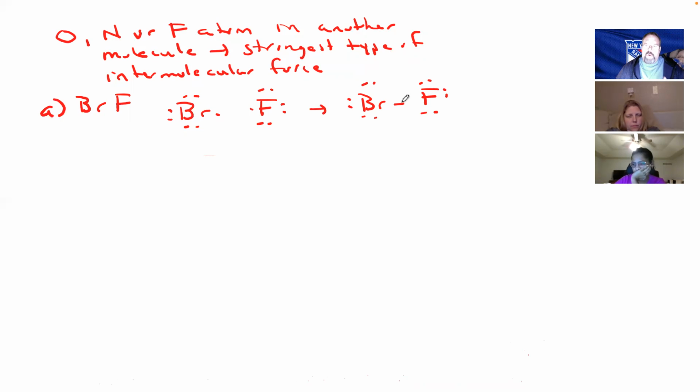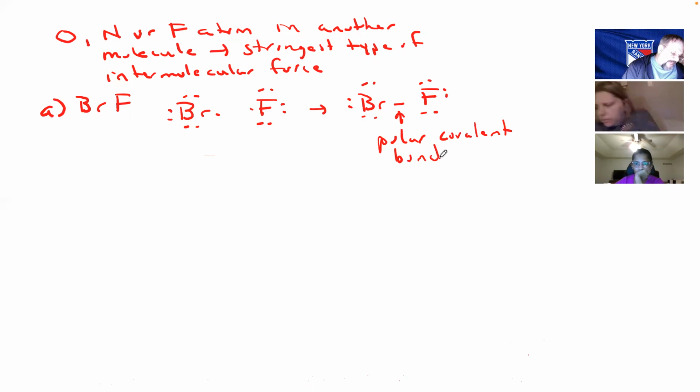If this is a nonpolar covalent bond, it's a nonpolar molecule. If it's a polar covalent bond, it's a polar molecule. Based on the electronegativity differences, fluorine is 4.0, bromine 2 point something, if I remember right, 2.1. So it's a 1.9 difference. It's pretty big. It's a polar covalent bond, which tells us that we have a polar molecule.